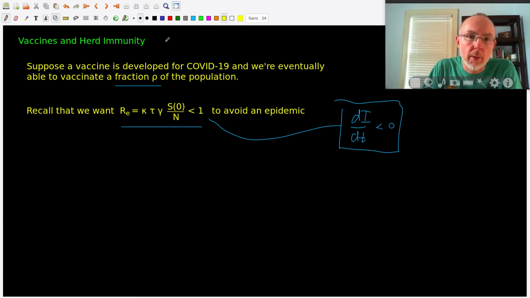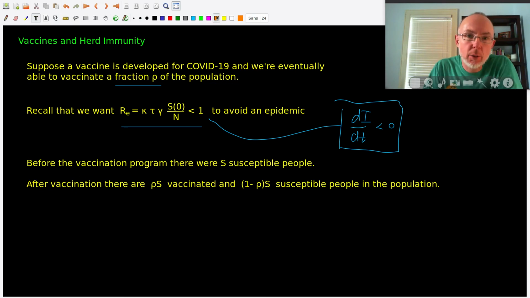If we've vaccinated the fraction rho of people in the population, how many people are left that are susceptible? We started off with S sub 0 people, and we vaccinate rho of them. So in our vaccination program, we're going to find all the susceptible people and vaccinate some fraction rho of them.